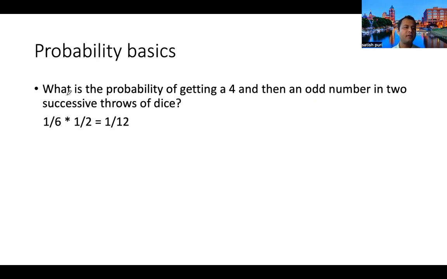What is the probability of getting a 4 and then an odd number in 2 successive throws of dice? You throw a dice once, then you throw it the next time. The probability of getting a 4 is 1 by 6, as we looked at earlier. The probability of getting an odd number is half. One after the other is like an "and", so the individual probabilities get multiplied. So you get 1 by 12.